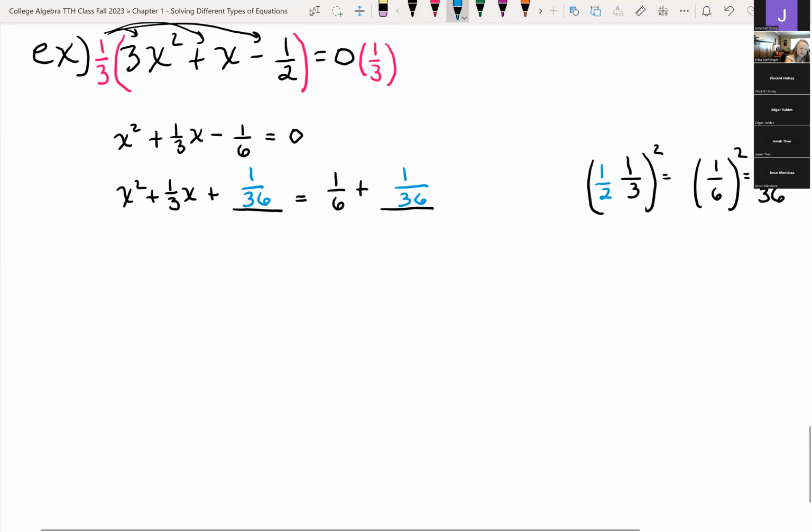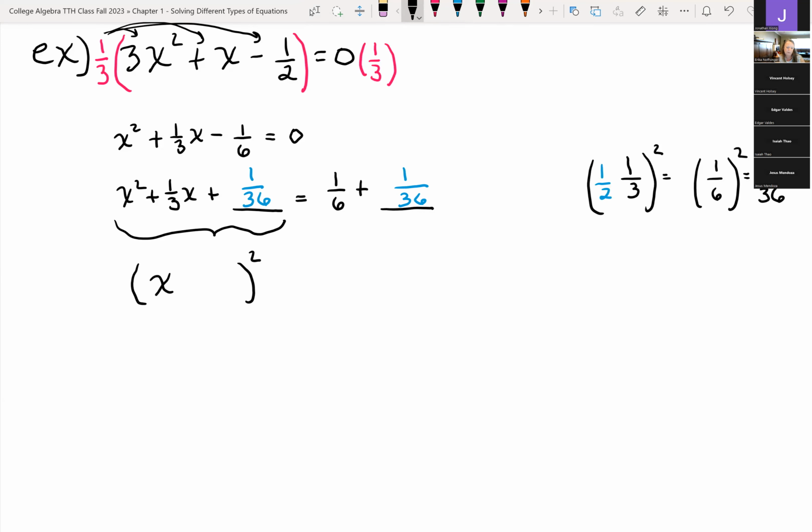So we just manipulated it so this left-hand side is a perfect square. The same number that you would add to get 1/3 and multiply to get 1 over 36 is the number before we square it, which is 1/6. So we have x plus 1/6 quantity squared is equal to, well, before I can sum 1/6 and 1 over 36, I need a common denominator.